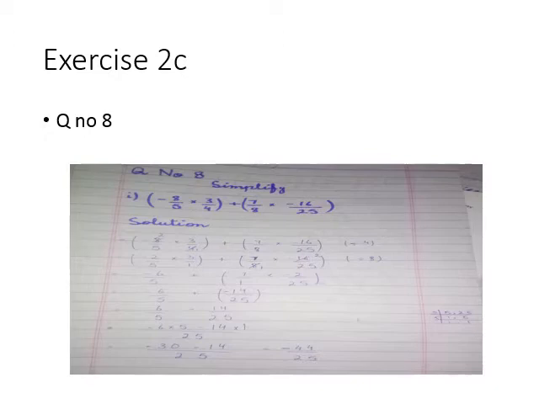Now we will multiply 2 by 3 and 5 by 1 and 7 by 2 and 1 by 25. Now we will get 6 over 5 plus 14 over minus 14 over 25. We will multiply 6 with 5 and 14 with 1, so our answer will be minus 44 over 25.